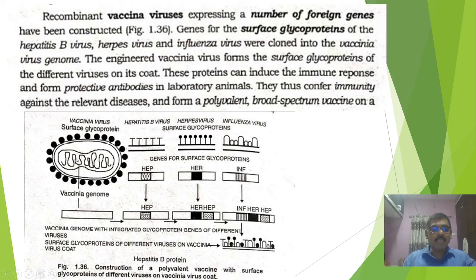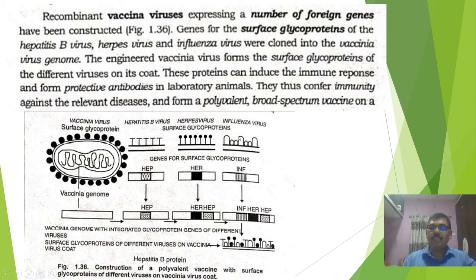We have isolated the vaccinia genome, and we have isolated the gene expressing this protein from the hepatitis B virus. Then we have isolated the gene expressing the herpes virus surface glycoprotein.